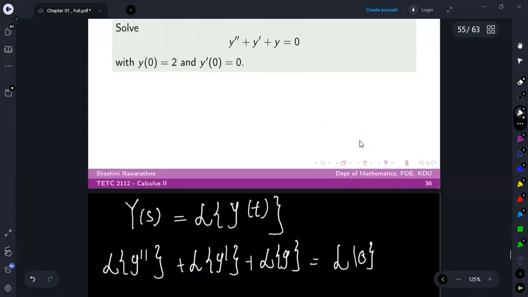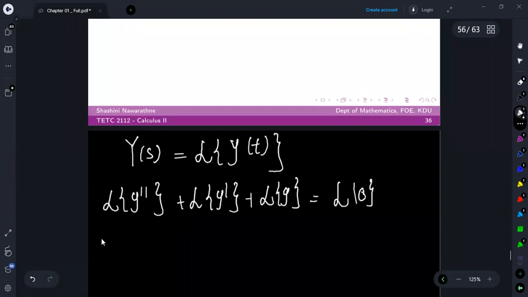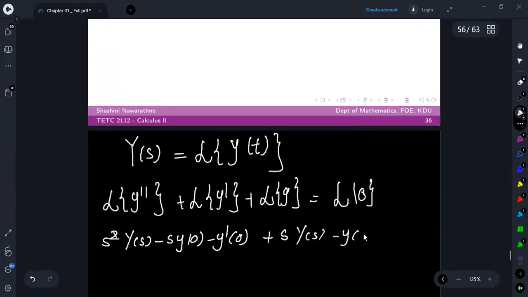Then we can substitute: s squared capital Y of s minus s y(0) minus y dash(0), plus s capital Y of s minus y(0), plus capital Y of s, is equal to 0.